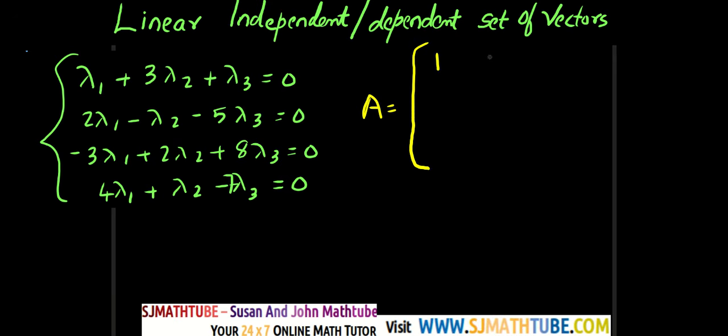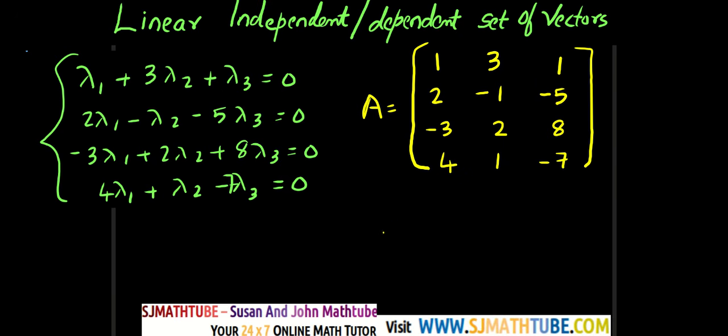That will be 1, 3, 1; 2, minus 1, minus 5; minus 3, 2, 8; and 4, 1, minus 7. Now let's find the rank of this matrix.